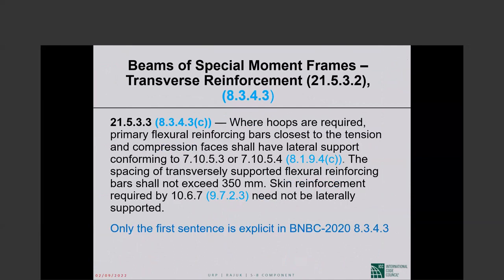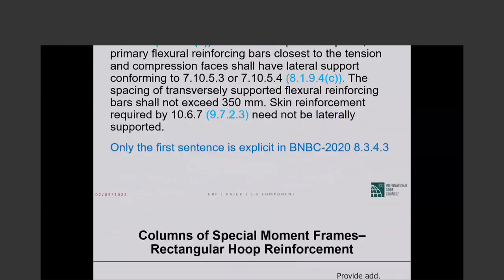where hoops are required, in the plastic hinge region, primary flexural reinforcing bars closest to the tension and compression faces shall have lateral support conforming to what is required for columns, essentially. Okay, the chapter 7, non-seismic detailing, I explained this to you, or let me show you.